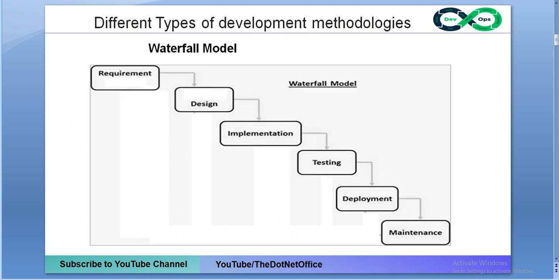We can see here, suppose we are in the testing phase and a new requirement comes, and we have to design this application in a different way. Then going back from the testing phase to the requirement phase is very tedious, because we have to change the full code according to that requirement.